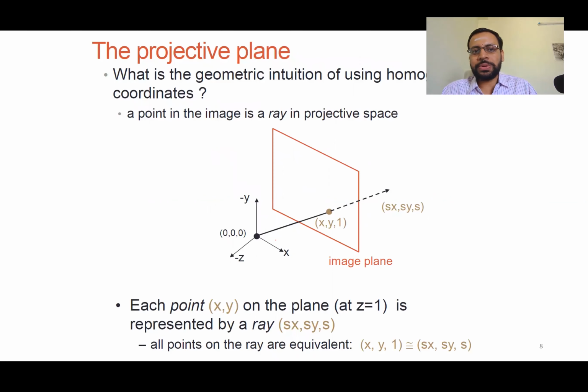This actually comes from a slightly different context. The context being, you are given a 3D object and you are taking projections of it, or in other words, you could think of it as simply taking images of it from different viewpoints, different angles, and so on.